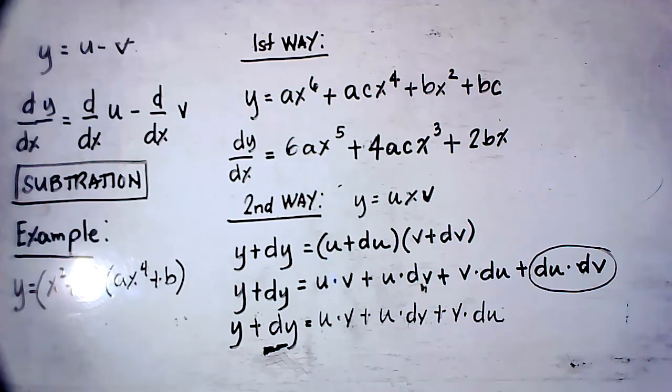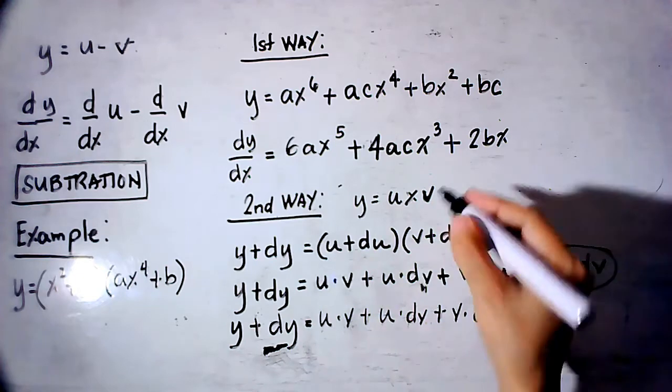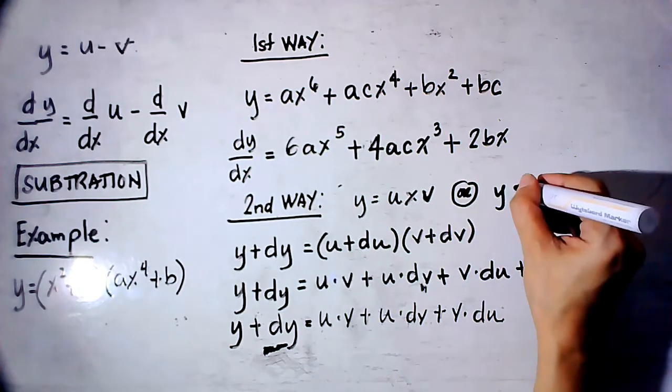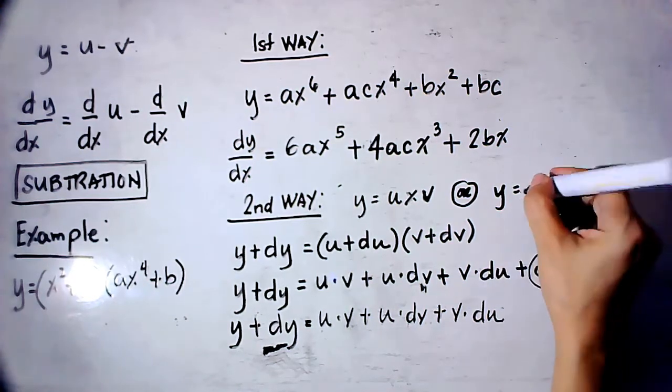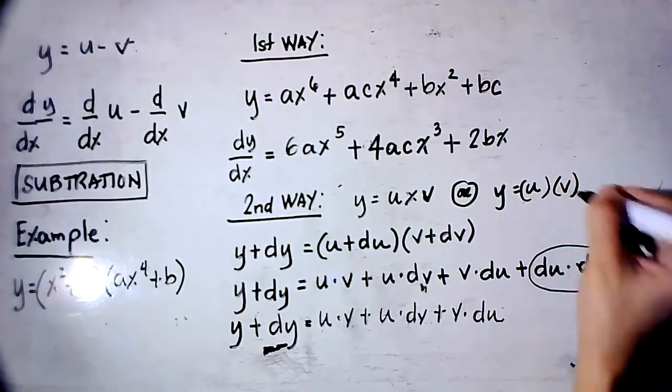So afterwards, we can subtract. What do we subtract? We subtract the original u times v, just as the same procedure that we use for addition. But this time, we are going to use multiplication.